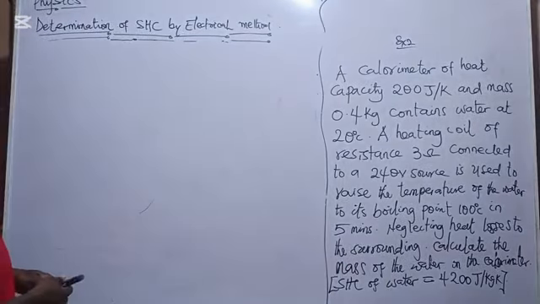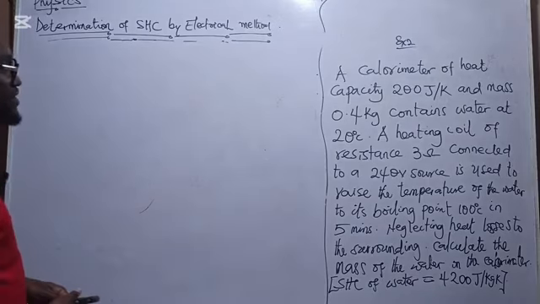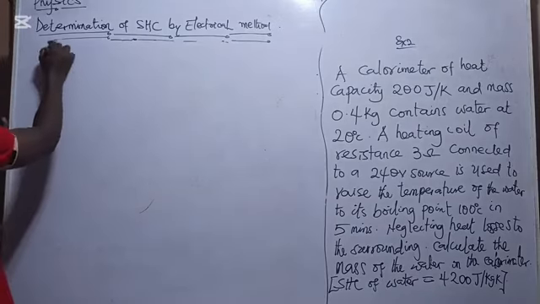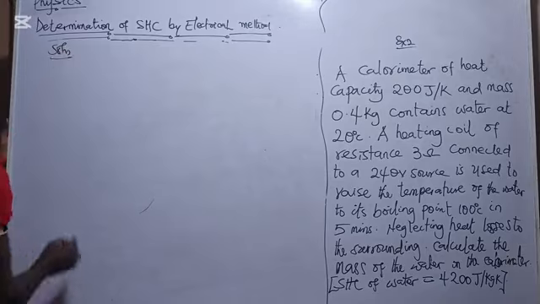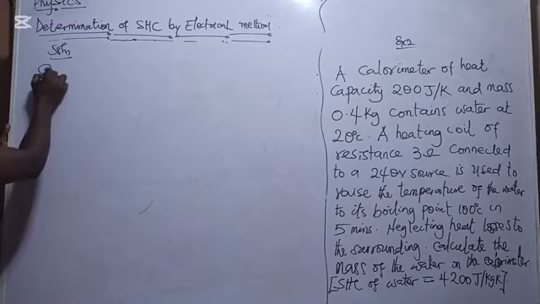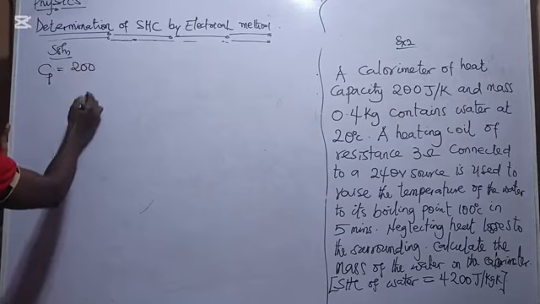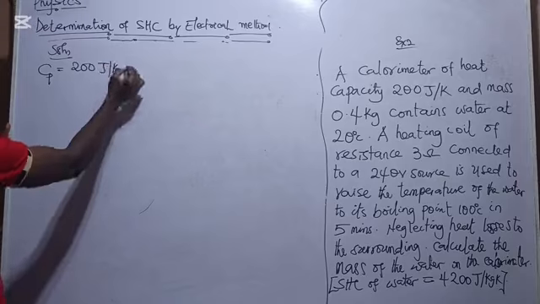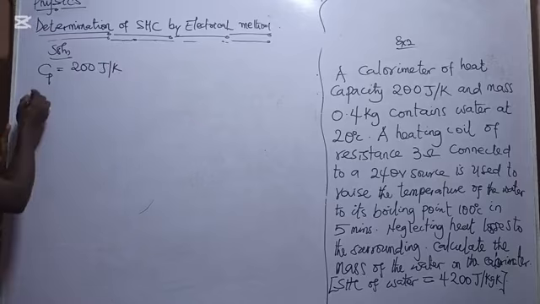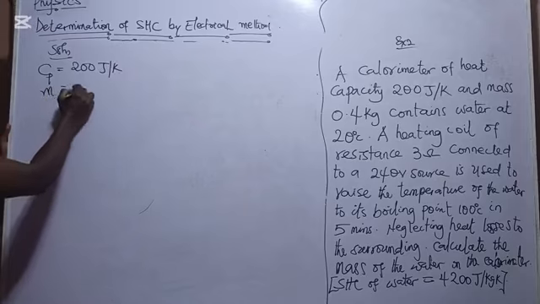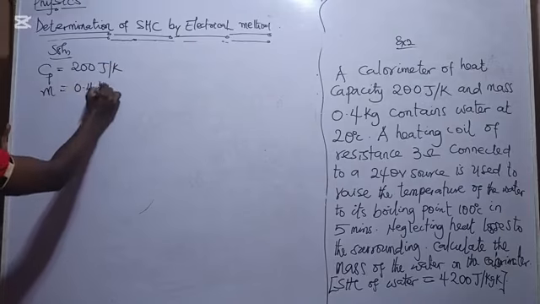Now, in order to solve this, we have to write down the parameters. So here, solution to the question, a calorimeter of heat capacity. So the heat capacity of the calorimeter was given as 200 joule per Kelvin, and the mass of 0.4 kilogram.